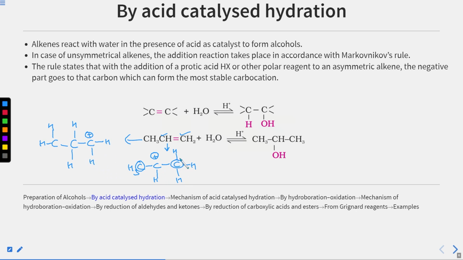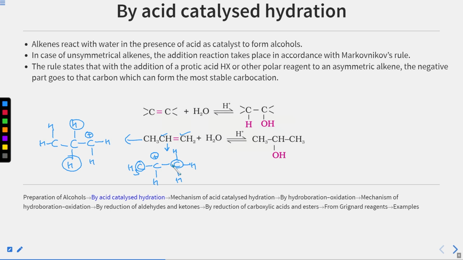Now the secondary carbocation has more alpha hydrogens. It will be 1, 2, 3 from this carbon, and this has 1, 2, 3 here also. So 3 plus 3, 6 alpha hydrogens are present, but here only 2 alpha hydrogens are present, that is 1 and 2.